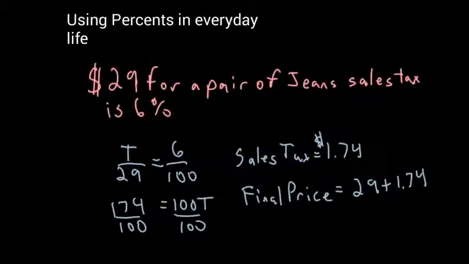So 29 plus $1.74 would give me $30.74. That's how much the store would charge me to buy that pair of jeans.